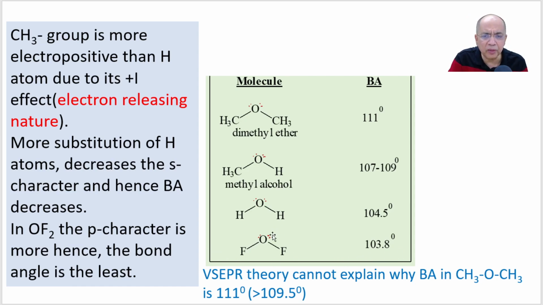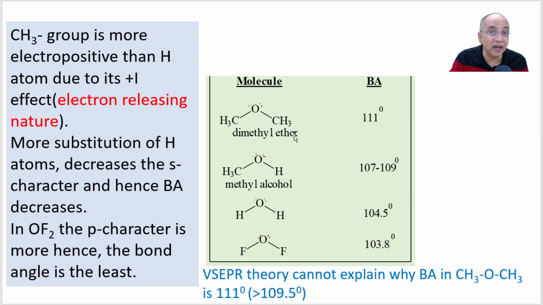What makes the lone pair bond pair? There are two lone pairs in all these cases. Then why is this bond angle so less? Now before we apply Bent's rule, let me tell you, you have not studied organic chemistry perhaps, you cannot understand, but to make it simple, an alkyl group, methyl or ethyl, has more electropositivity. It is more electropositive than even hydrogen.